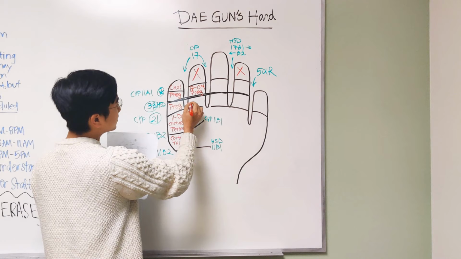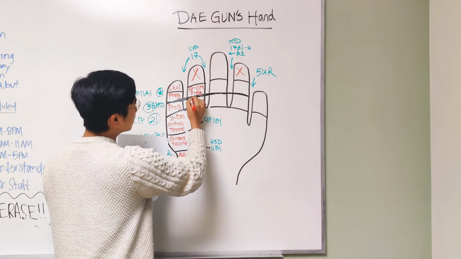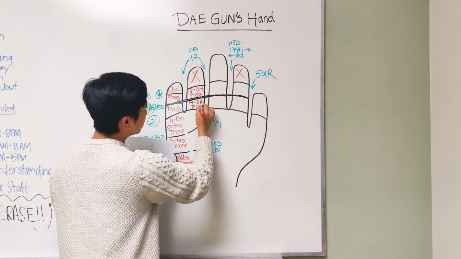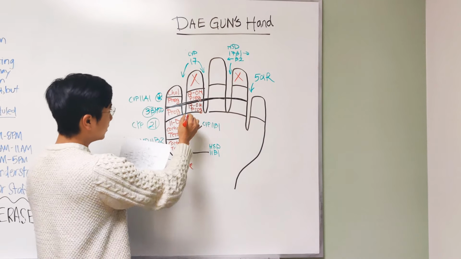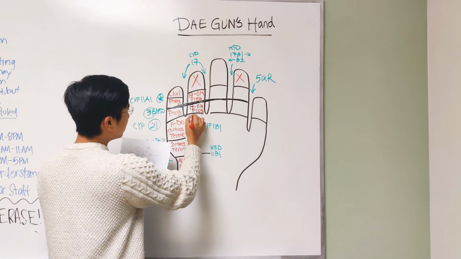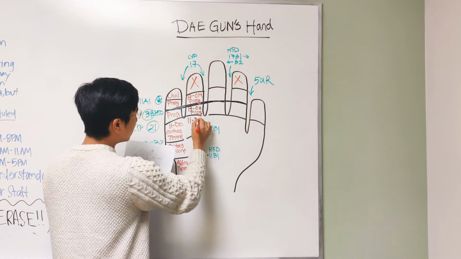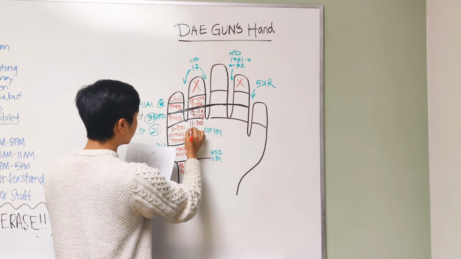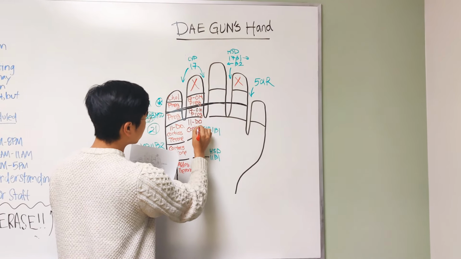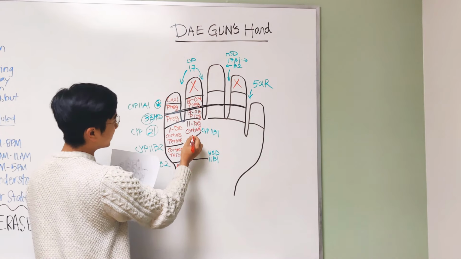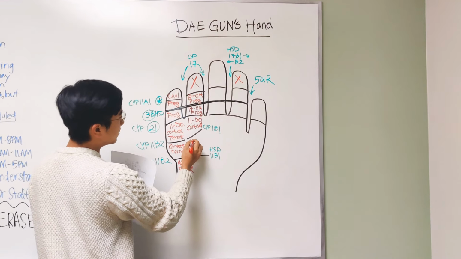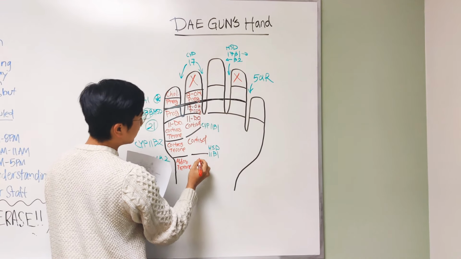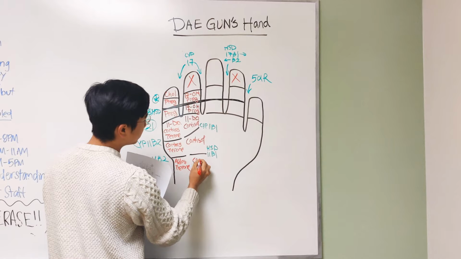Same thing with progesterone: as it crosses that line, it becomes 17-hydroxyprogesterone. Then when it goes down, it becomes 11-deoxycortisol, and as it crosses CYP11B1, it becomes cortisol. And then here it becomes cortisone.